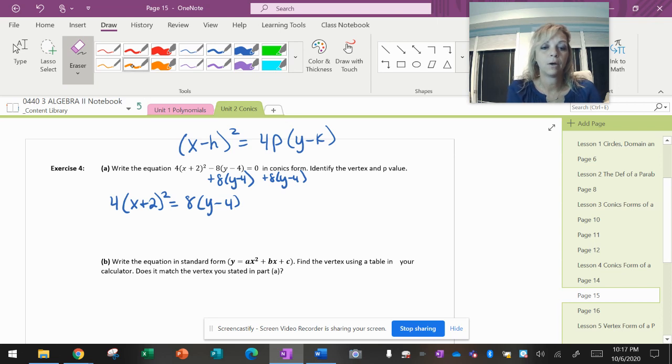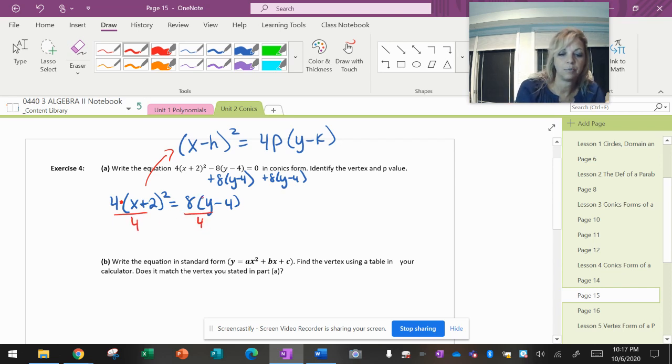If you compare it to what's up here right now, the only big difference is I have this 4 here, right? Now the 4 is being multiplied. Undo multiplication by division, so I'm going to divide out the 4. Because the y minus 4 is separated in parentheses, I can just do 8 divided by 4 here.